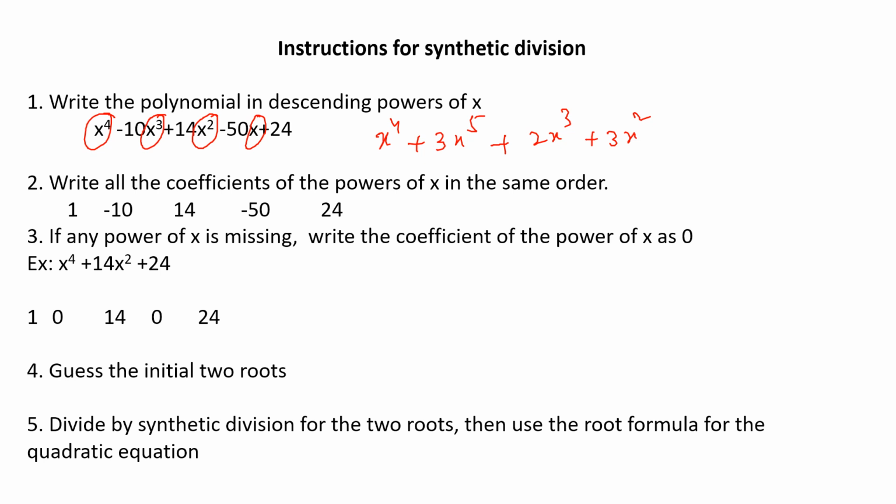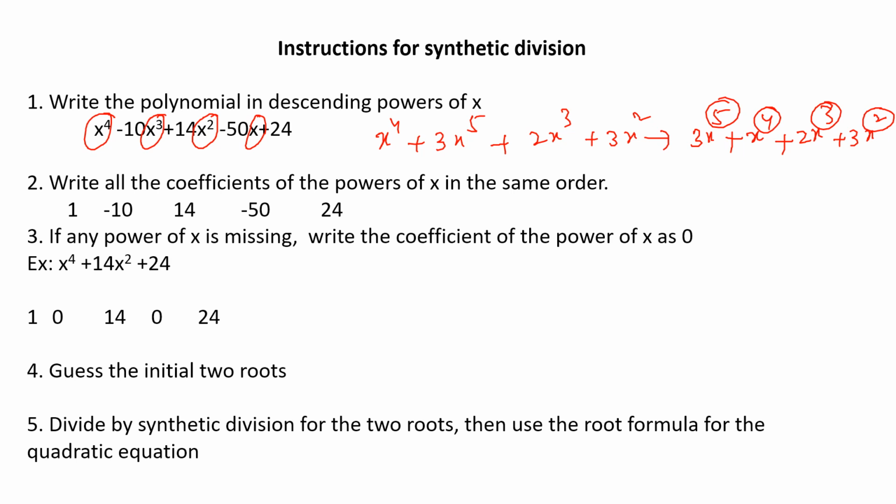So we write the term 3x power 5 first, and then the next highest power, x power 4, and the next term is 2x cube, and the next term is 3x square. So we have to write the powers of x in descending order in the first step of synthetic division.